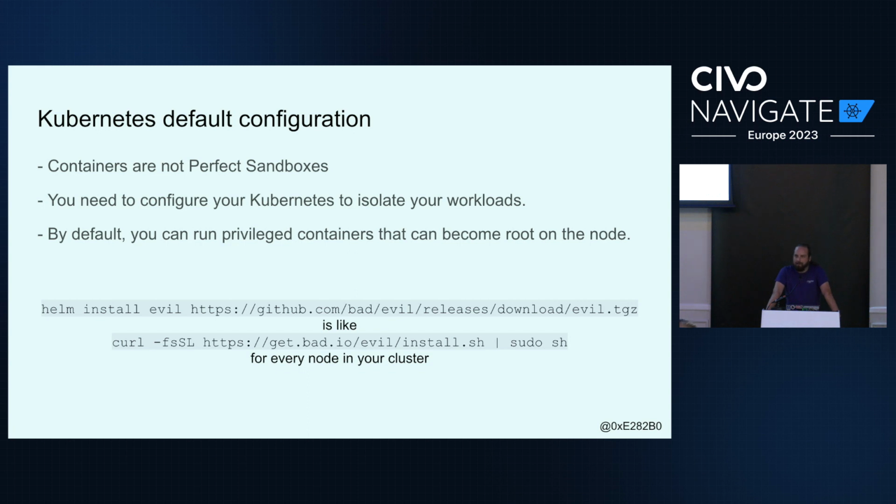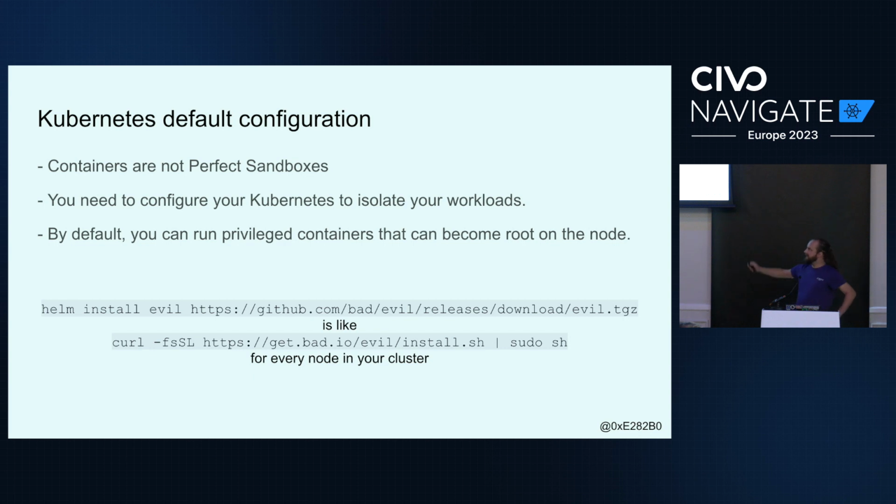My colleague Christoph usually says the default Kubernetes configuration is an open barn door. And it is like that. By default you can just run privileged containers and do whatever you want. I don't know when the last time was that you just called curl and piped it into your shell with root privileges to install software.